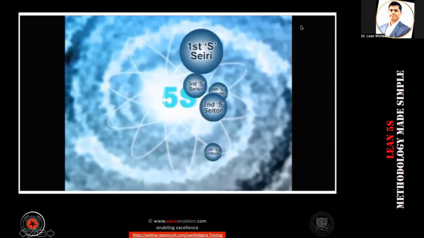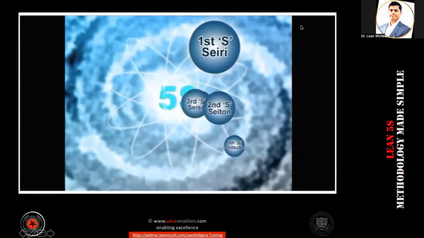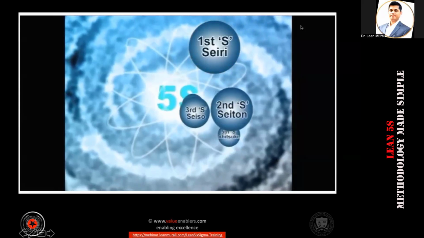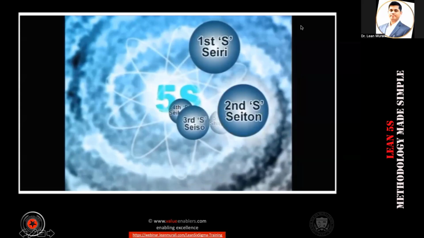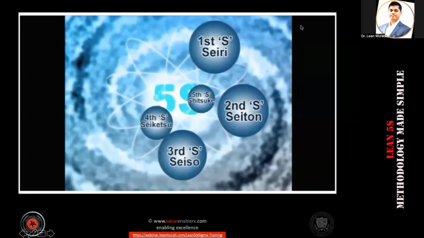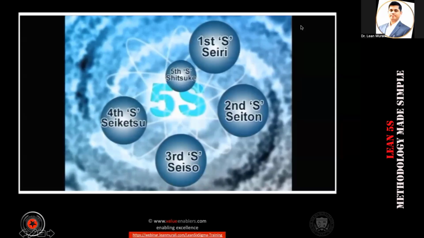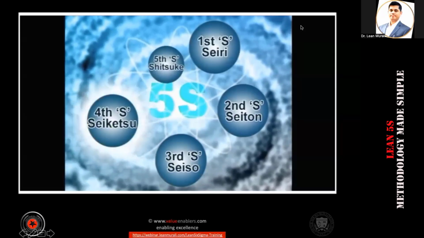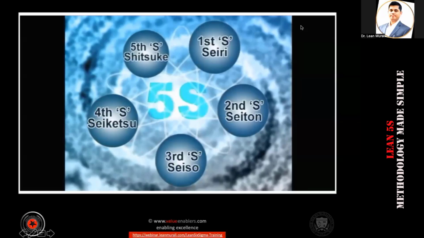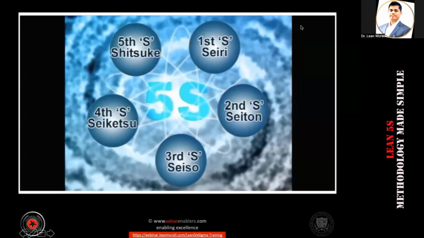In Japanese, the 5 S's stand for Siri, sorting, Siton, systematic arrangement, Siso, spick and span, Shiketsu, standardization, and Shitsuke, self-discipline. These are the 5 S's that constitute the 5S philosophy.